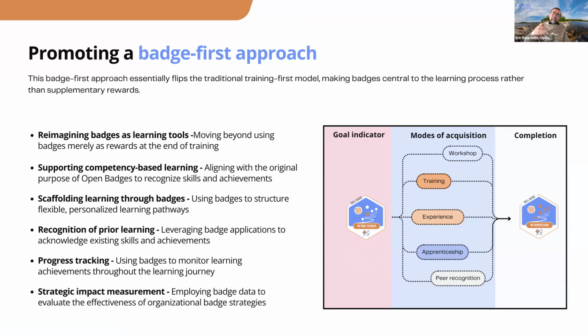You know what I mean? It comes after the badge, in a way. And when the process is completed, the process can be a peer recognition. It could be that someone has applied for a badge. It could be some prior learning that you already have, which is recognized, or it could be a training, why not, a workshop or whatever you want. But at the end, as a learner, you complete the process, and then you get the badge. So the badge is at the beginning and at the end of the process.